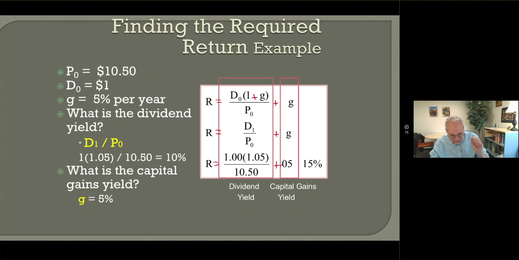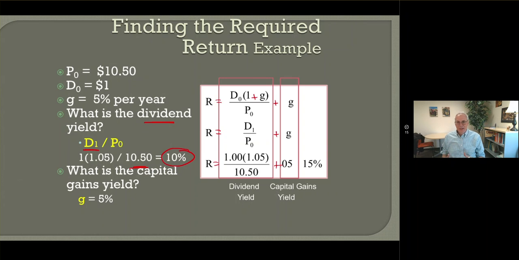So another way of looking at that is what we call the dividend yield. So what is the dividend yield? I give you the answers there on your page. The dividend yield says, okay, after 1 year we're going to get $1.05. If I invest $10.50 today and at the end of the year I get $1.05, I am making a 10% return. That's like saying the yield on my dividend is 10%.